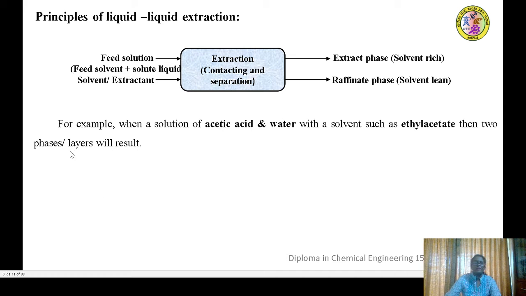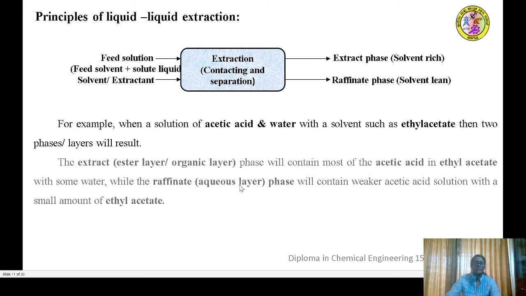The two immiscible phases or layers that result in fact contain all the three components. There is acetic acid, water, as well as ethyl acetate in both extract and raffinate phase, but in very different compositions.